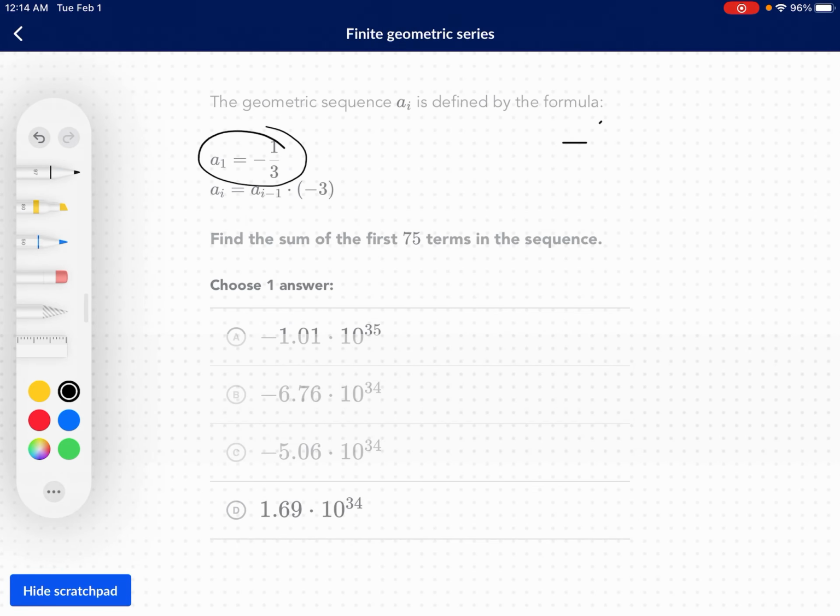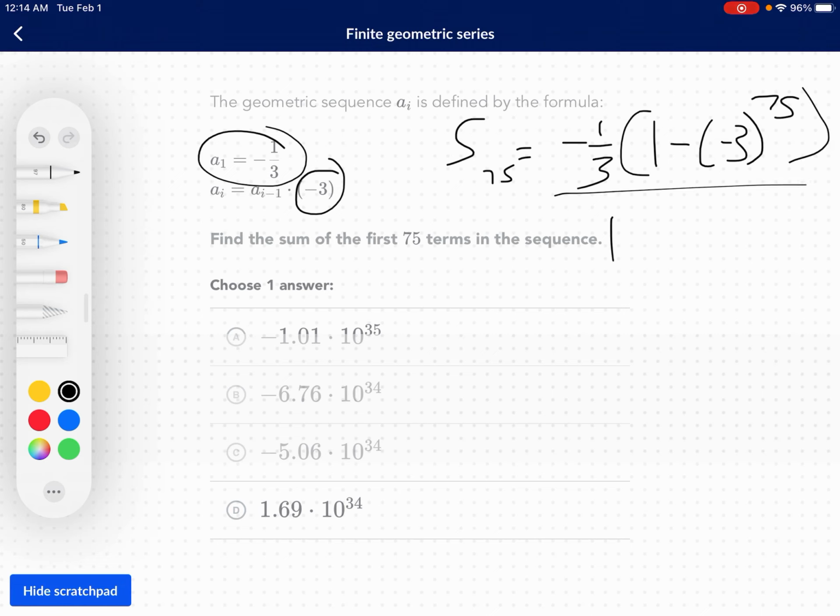Okay, the first term is negative 1/3. First 75 terms equals negative 1/3, 1 minus the common ratio, which looks to be negative 3. Negative 3, 75 terms. 1 minus negative 3, just enter all of this in the calculator.